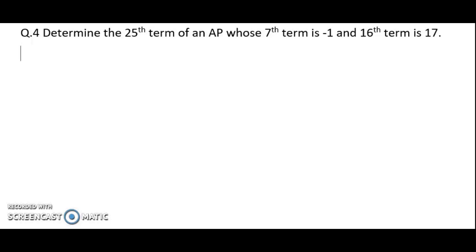Determine the 25th term of an AP whose 7th term is given minus 1 and 16th term is given 17. So we can write down the given data. A7 is given minus 1 and the 16th term, that is A16, is given 17, and we have to find out the 25th term.